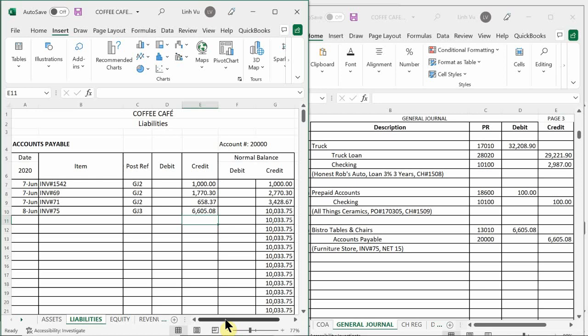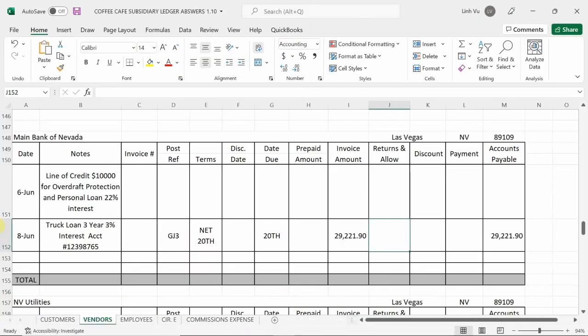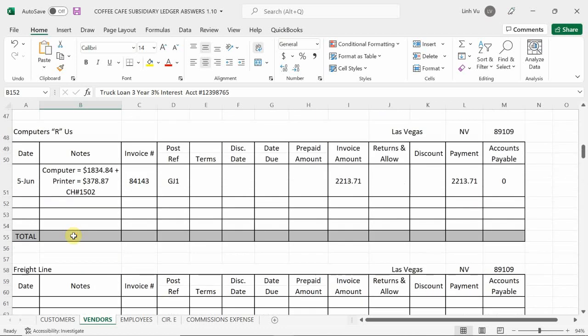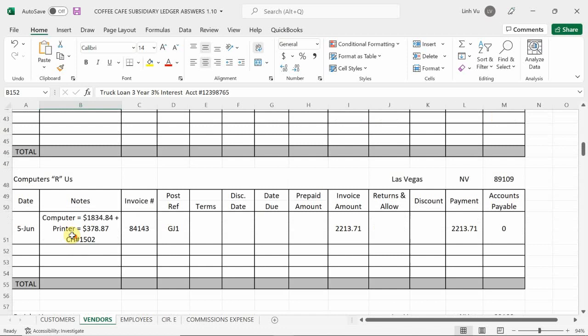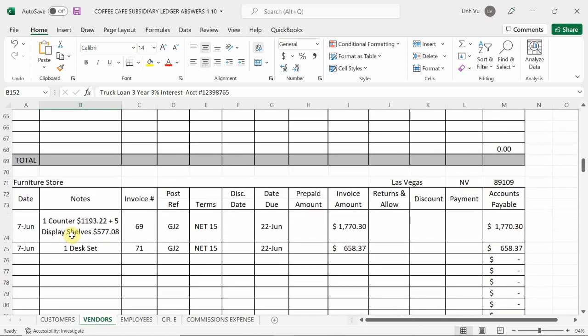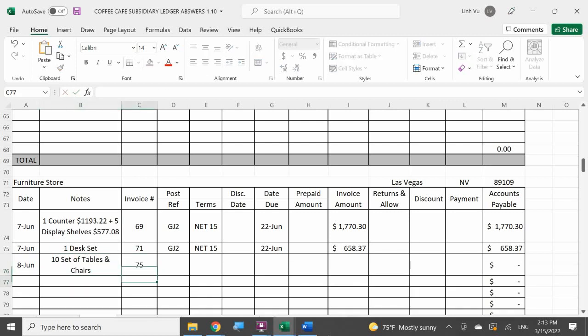So in this case, there you go, right? Last but not least, because I now owe Furniture Store, I need to record that in my books. Okay, so Furniture Store. What did we buy? We bought 10 sets of tables and chairs. Okay. Invoice number 75, General Journal 3. We got net 15.